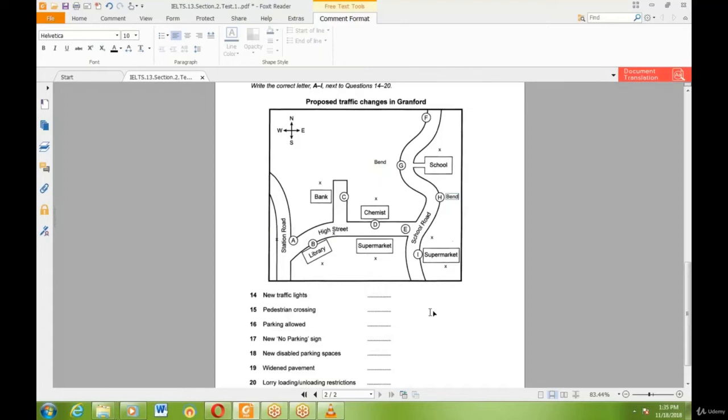This should improve visibility for drivers and pedestrians, especially on the bend just to the north of the school. As far as disabled drivers are concerned, at present they have parking outside the supermarket, but lorries also use those spaces, so we've got 2 new disabled parking spaces on the side road up towards the bank. It's not ideal, but probably better than the present arrangement.